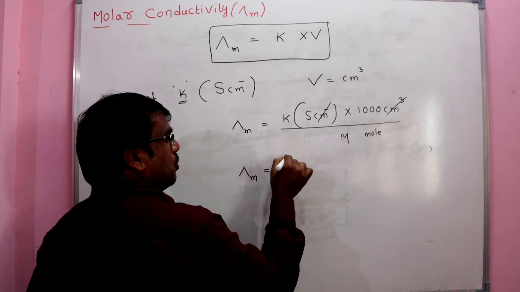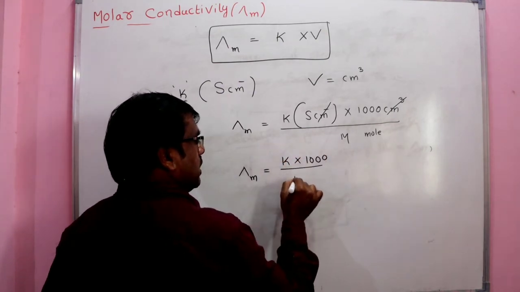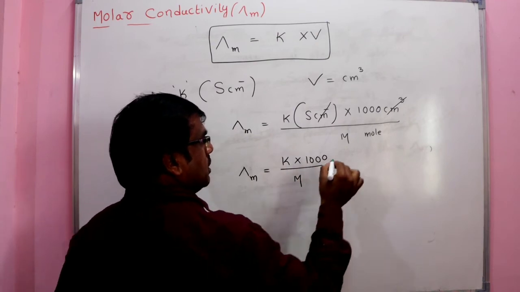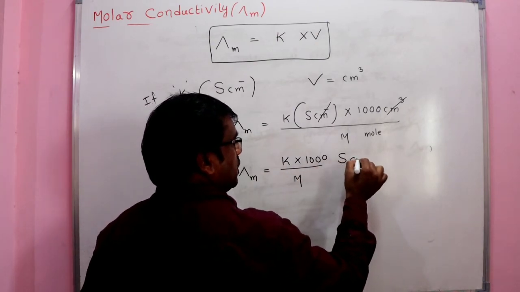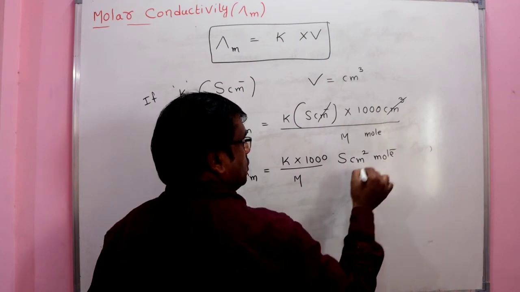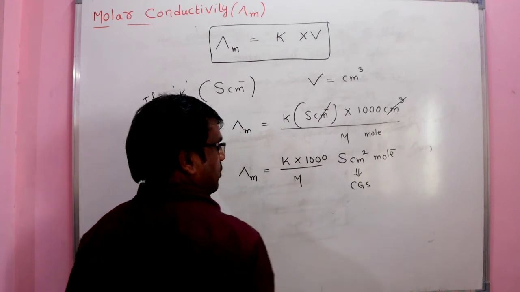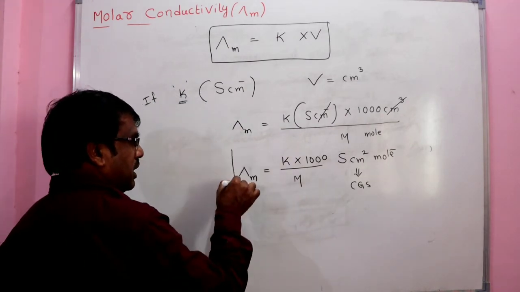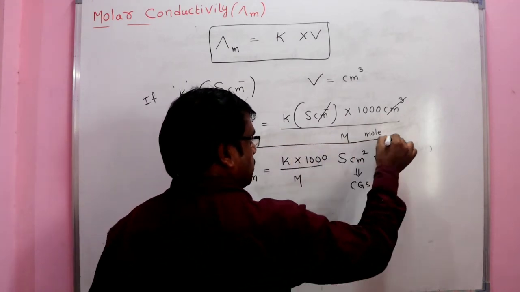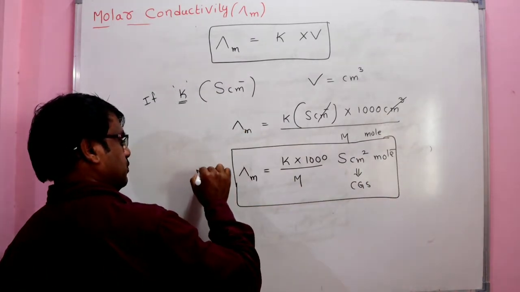Lambda M is equal to K into 1000 by M, Siemens centimeter square mole inverse. This is the CGS unit of molar conductivity, and you have to remember this important formula for NEET purpose.